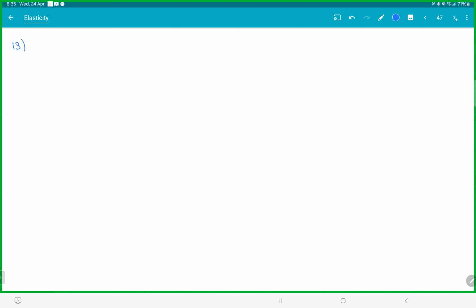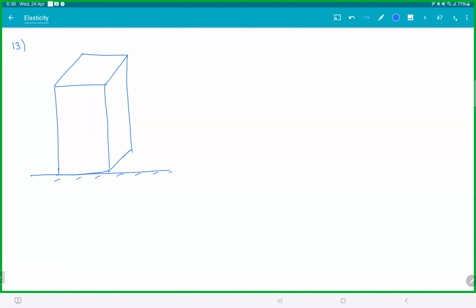So we have a block like this. So we have two blocks like this.